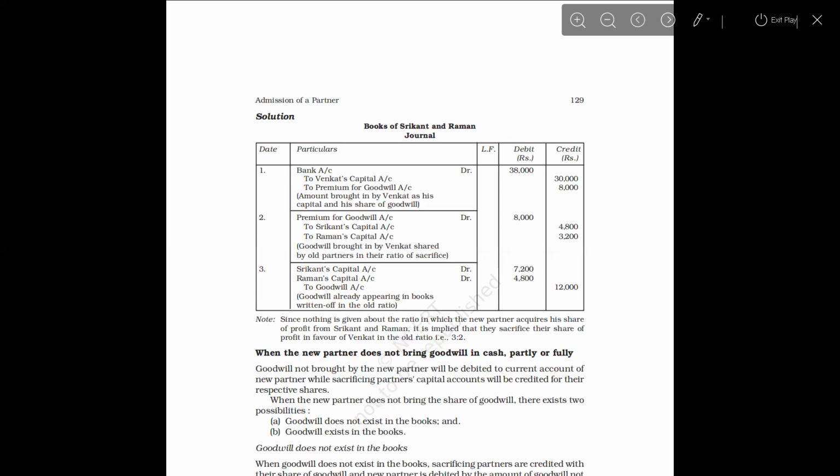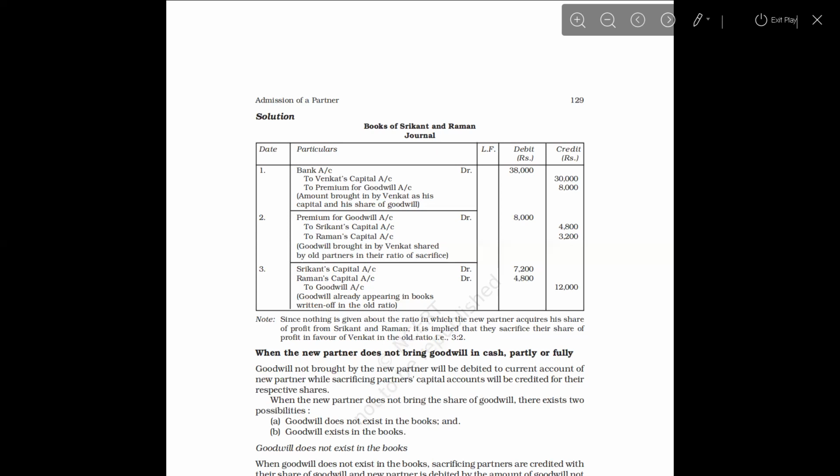Now premium for goodwill account debit 8,000 to Srikanth's Capital and Raman's Capital. 8,000 into 3 by 5, and 8,000 into 2 by 5.